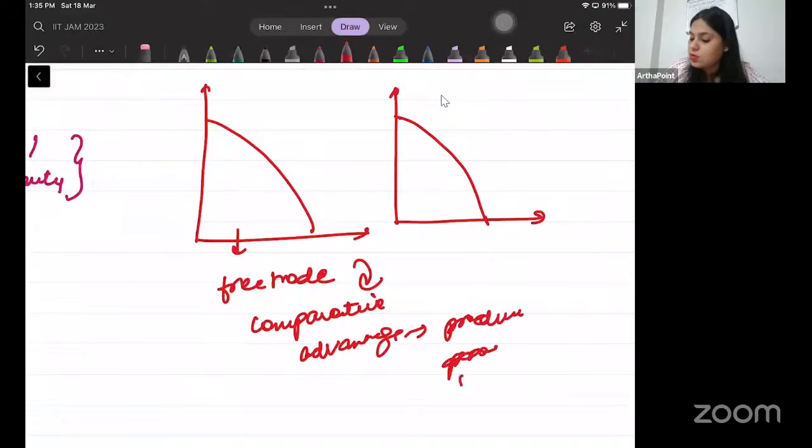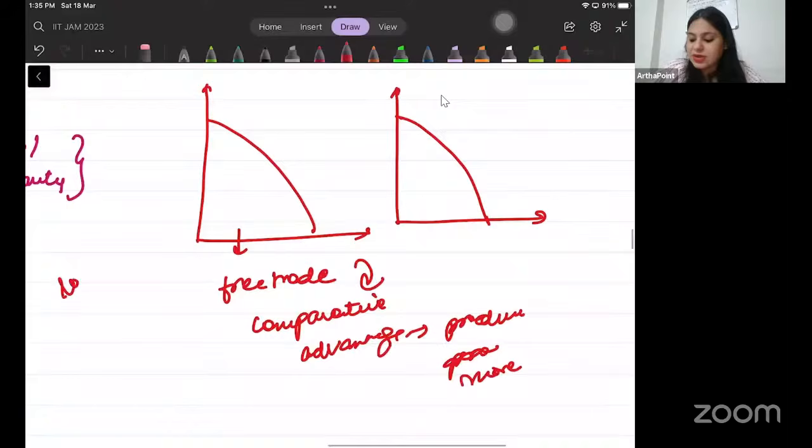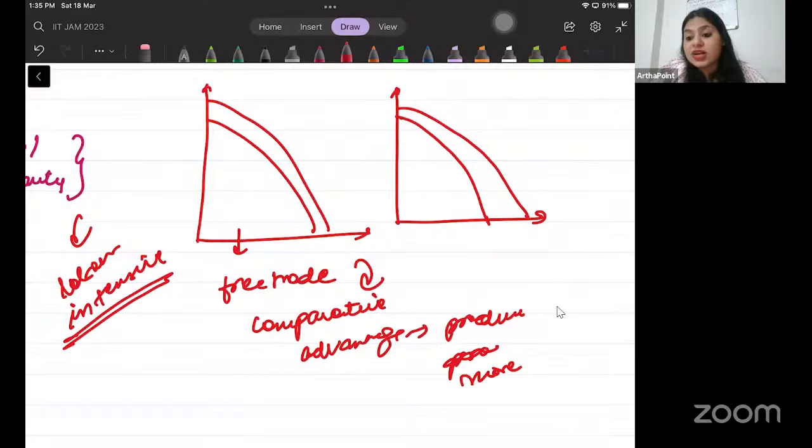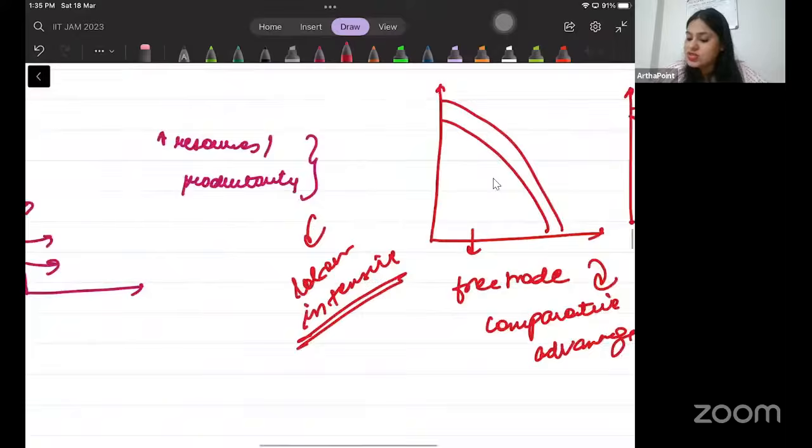Suppose I have a comparative advantage in producing a labor intensive product. Once I open myself to trade, I will only produce that. I will increase the productivity that way, and therefore it will be an outward shift, right? PPCs will shift outward. So whenever there is free trade, because of comparative advantage, your productivity improves. And whenever your productivity improves, automatically your PPC will shift to the right. So this is correct.